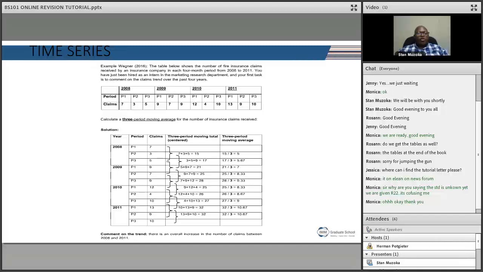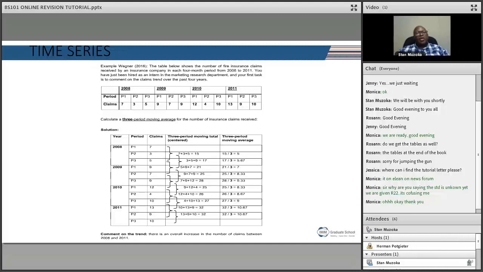In this example, we are talking about a trend. We will look at a trend for insurance claims that were made between 2008 and 2011. In the first quarter, 7 claims were made.